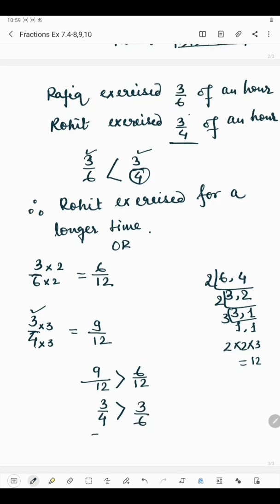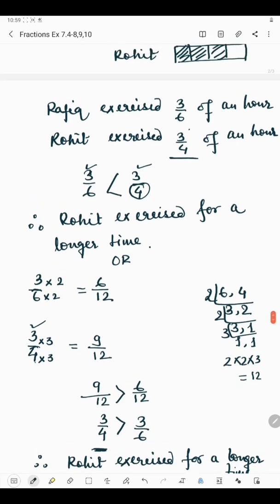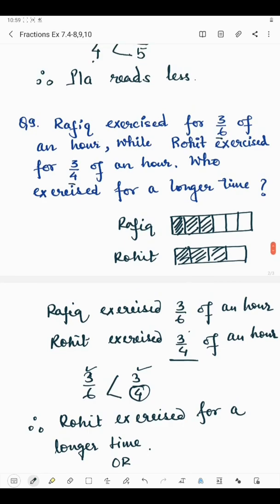And Rohit exercised 3 by 4 of an hour, right? So we have observed that Rohit exercised for a longer time. So this way we can compare the fractions. So this was about number 9.